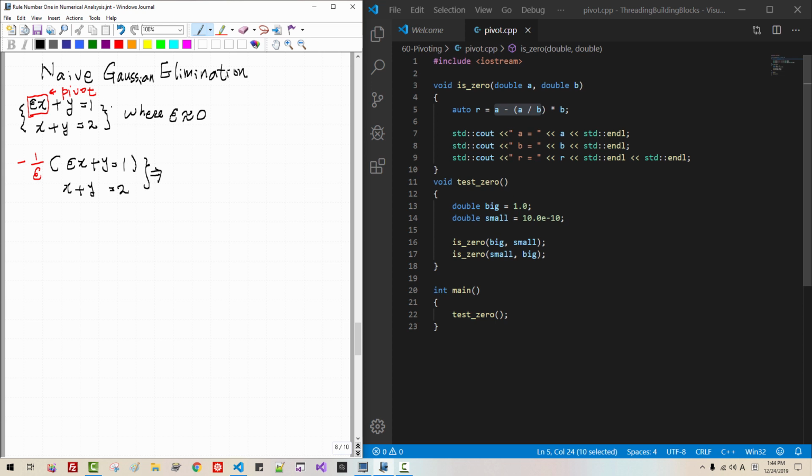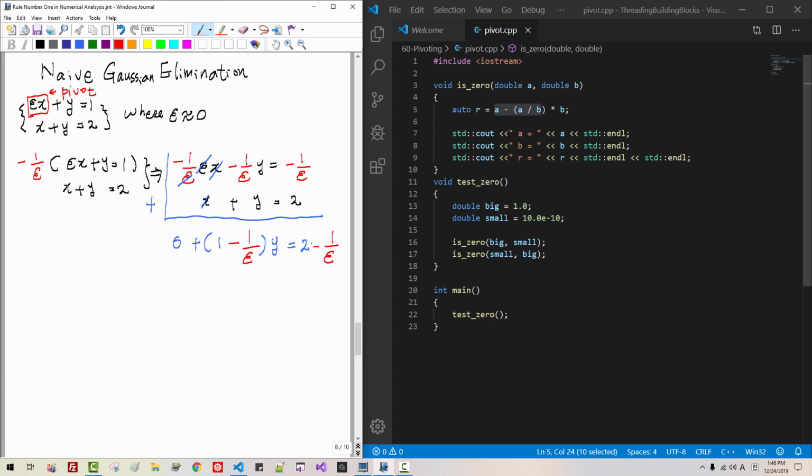It becomes minus x minus 1 over epsilon y equals minus 1 over epsilon, x plus y equals 2. We add up together. Epsilon cancels out, minus x cancels out. It becomes 0 plus (1 minus 1 over epsilon) y equals 2 minus 1 over epsilon.